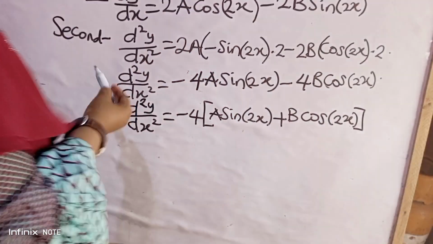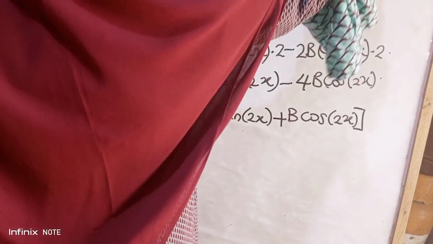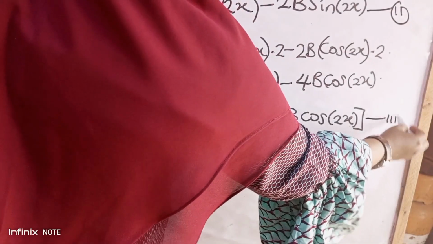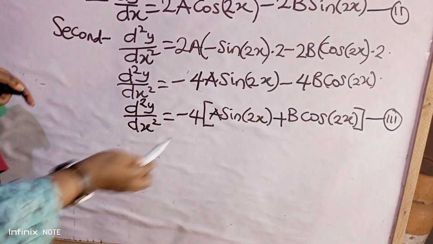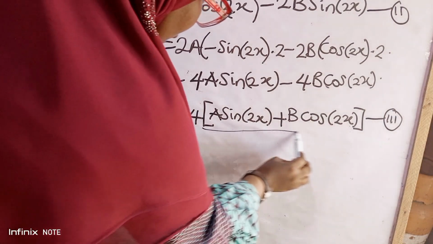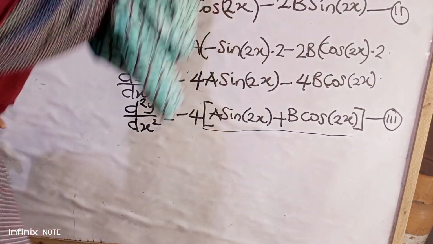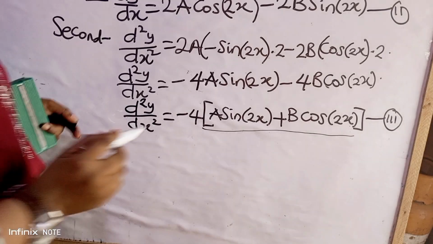Let's call the original function equation 1, the first differentiation equation 2, and this one equation 3. If you look at A sine 2x plus B cos 2x, you can see that it's the same thing as equation 1.